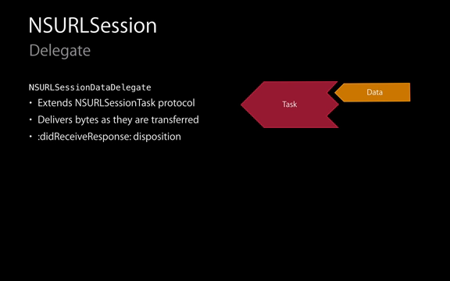So the completion routine for this delegate message allows you to specify that this data task should become a download task. And that's exactly what happens. We create a download task, we replace your data task, and we start writing the file to disk. And when the file is completely written, we treat this task as if it were a data task, and we notify you of the file's location.